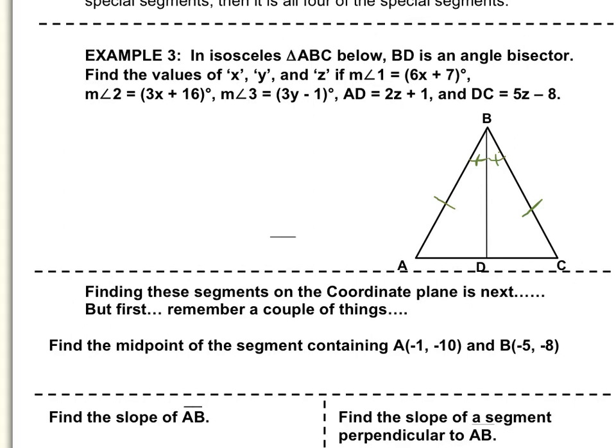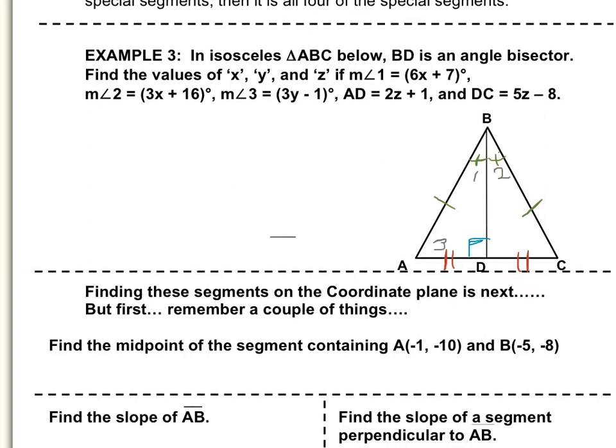So that means that I have a right angle right here. That also means that these two segments, AD and DC, are equal. That's going to help me here when I'm trying to solve for angle 1, angle 2, and angle 3.